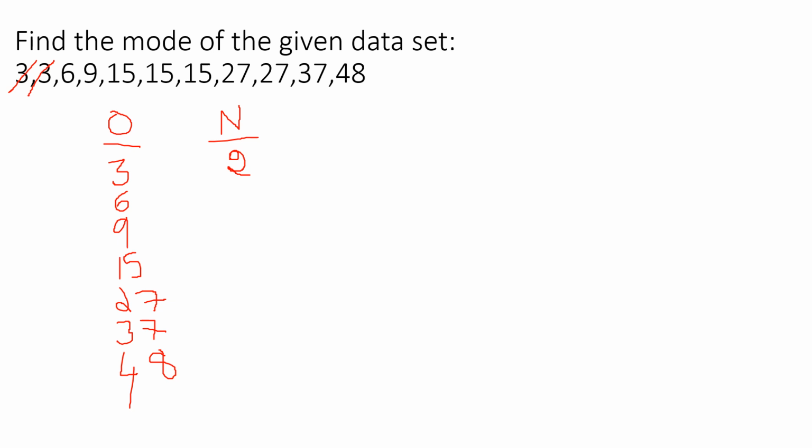And for the next observation, 6, we don't see any other 6 in this series. Now count the cross marks, which is 1, so write 1 here. And 9, count the cross marks, which is 1, therefore 1. And 15, the next observation.